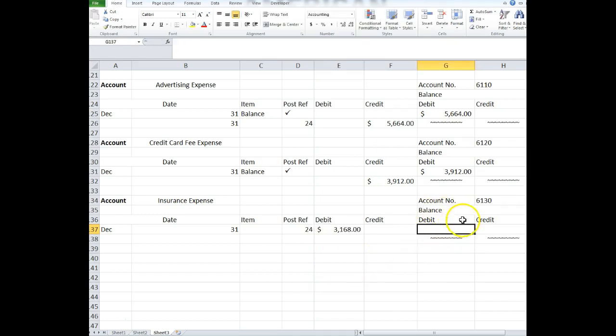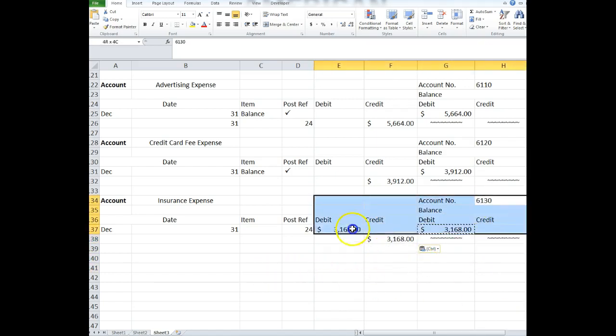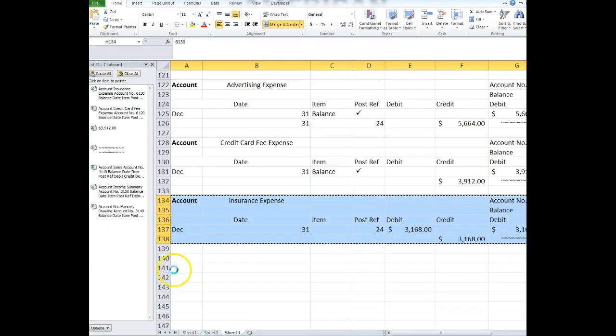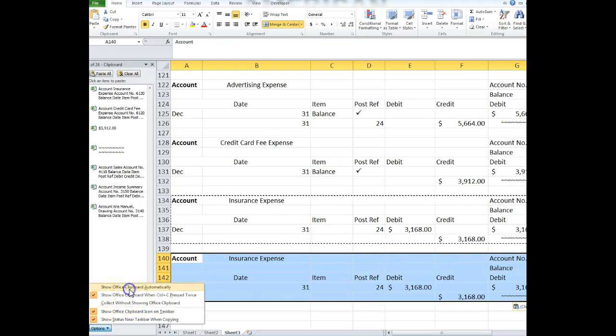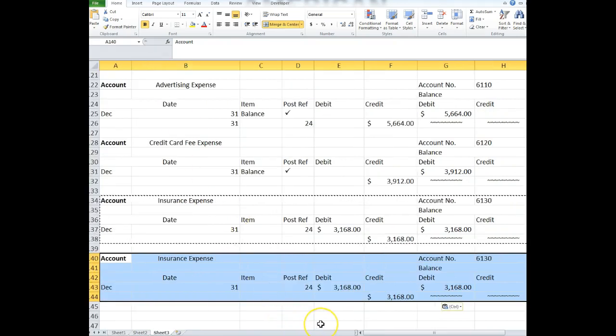So that would be our balance. So then what do we have to do after that? Cancel it out. Okay.